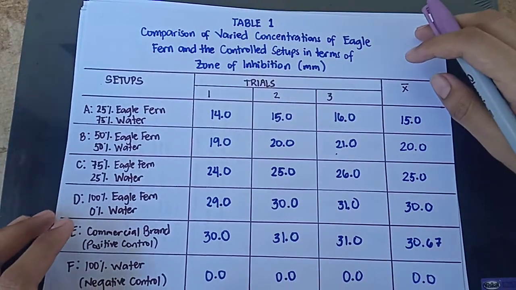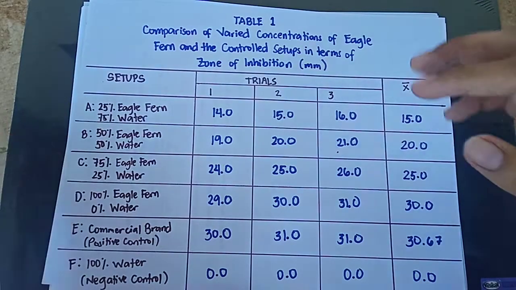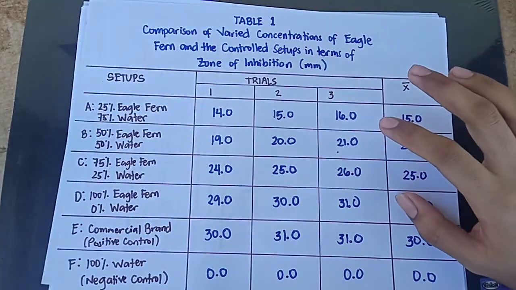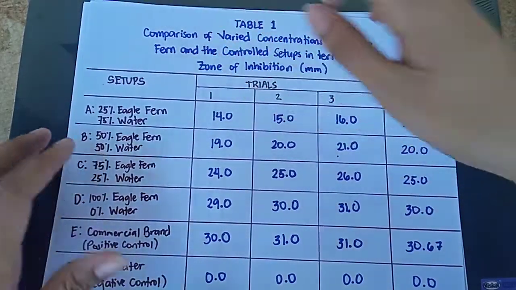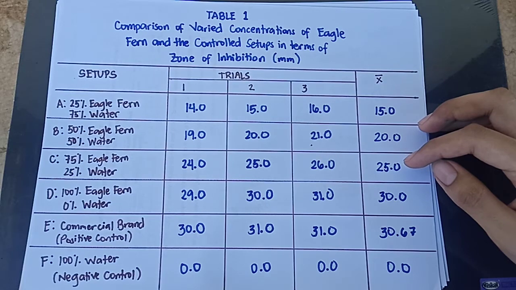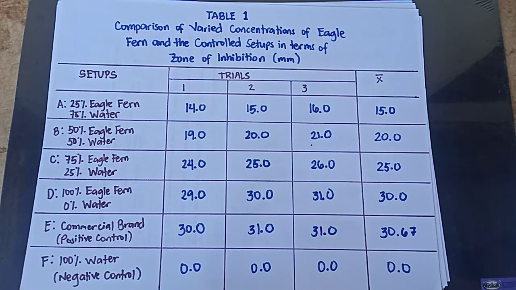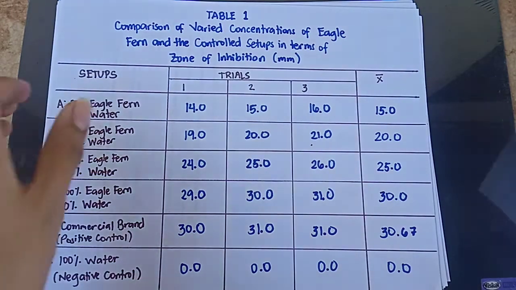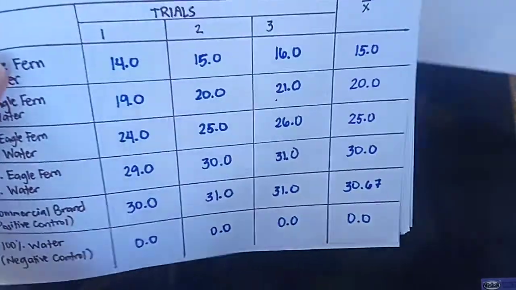Okay? So, let us have this one. So, this would be the table, where we lay out our data. Okay, let us add another thing. So, we have this one, the table.